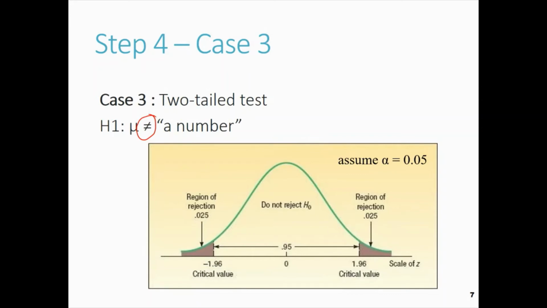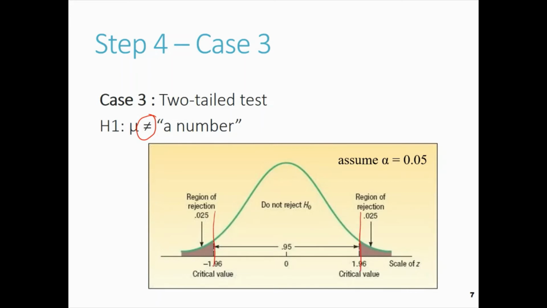The equal sign always goes on the H0 hypothesis, and the alternate hypothesis is always not equal to, or the opposite of whatever H0 is. So if you have not equal to, then you have two tails.